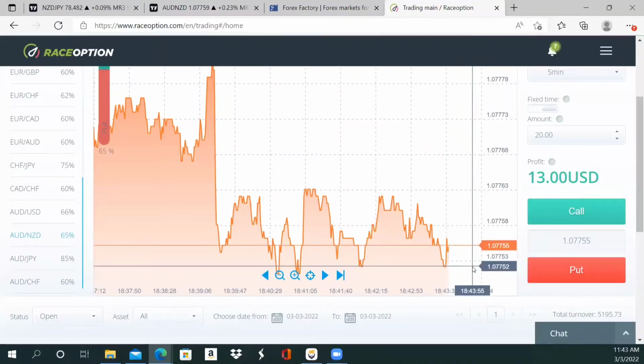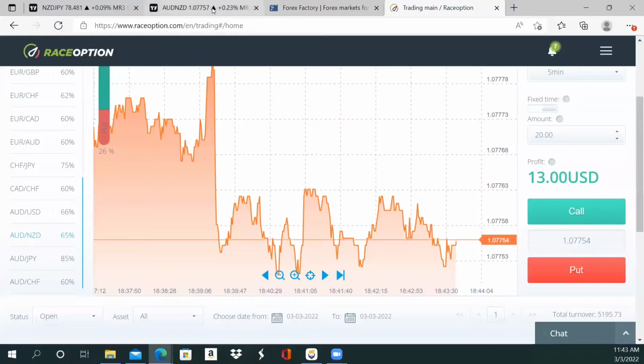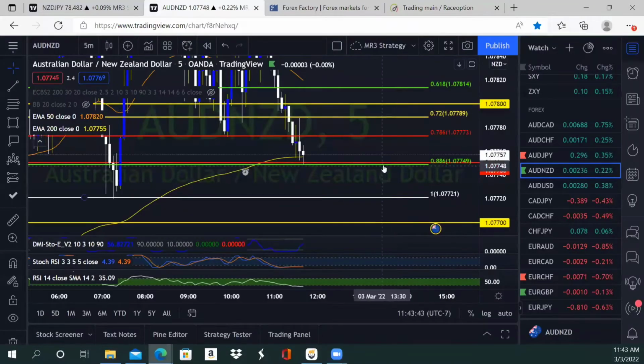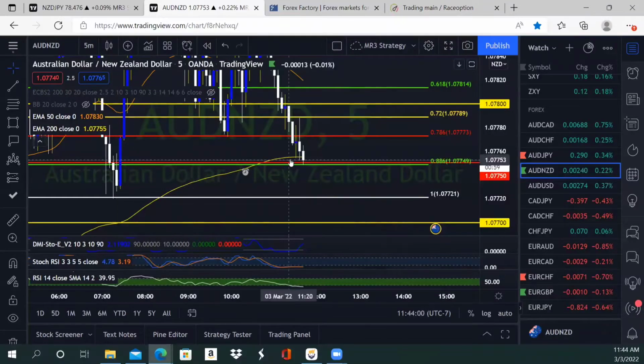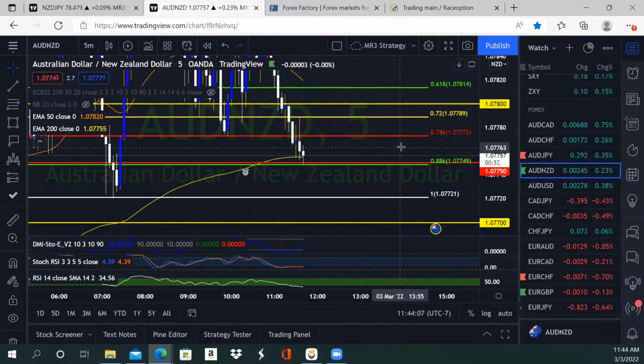It's still rejecting hard off of it. Touched it again. We still have a minute left. Now, if we end up with a candle like this one here, we may be able to take it.